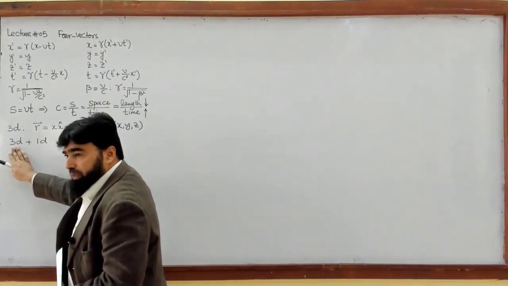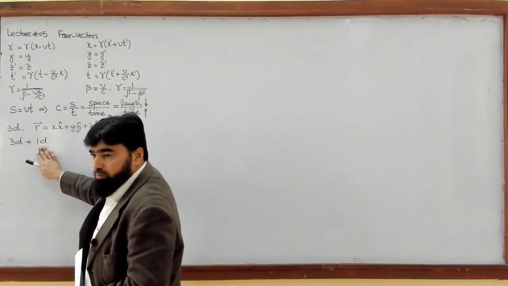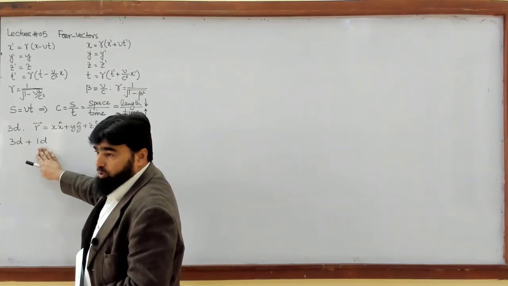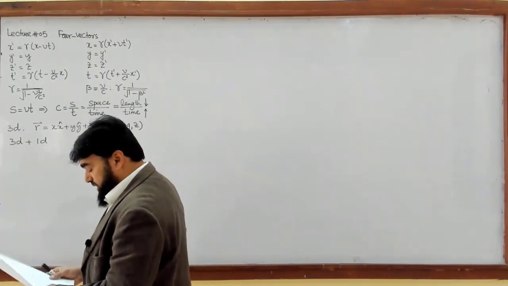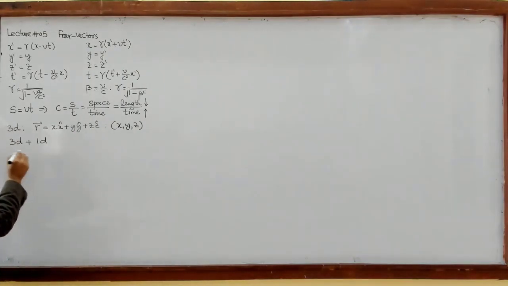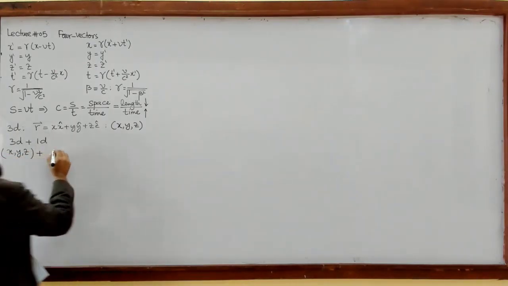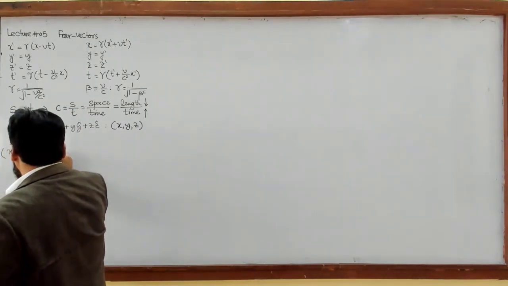Now this is space, and this one is another coordinate of it, but this is time. What we should do here, if I write this one, the 3D, this is x, y, and z. And this is to be combined with 1D. And 1D is just time.